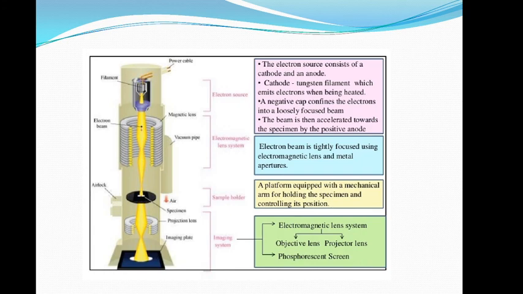The electron source is the main thing there: a tungsten filament cathode as the electron source, and the electron beam is accelerated by the anode and focused by electrostatic and electromagnetic lenses. When it emerges from the specimen, the electron beam carries information about the structure, and we can record that structure. That's all about TEM.